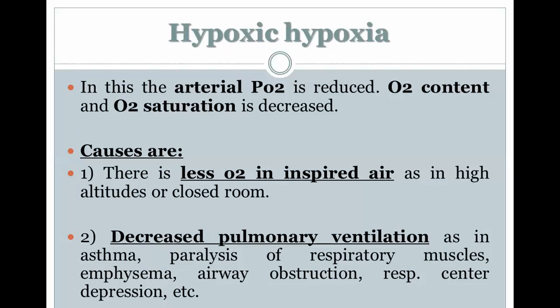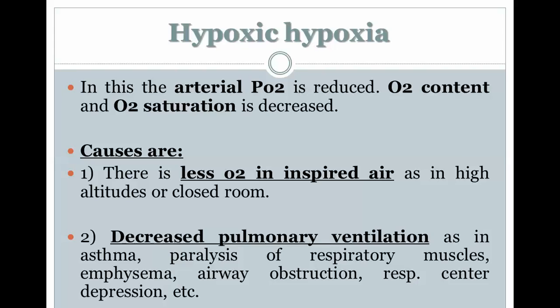Causes of hypoxia: less oxygen in the inspired air, as in high altitude. Polycythemia is a secondary compensatory mechanism to compensate that.